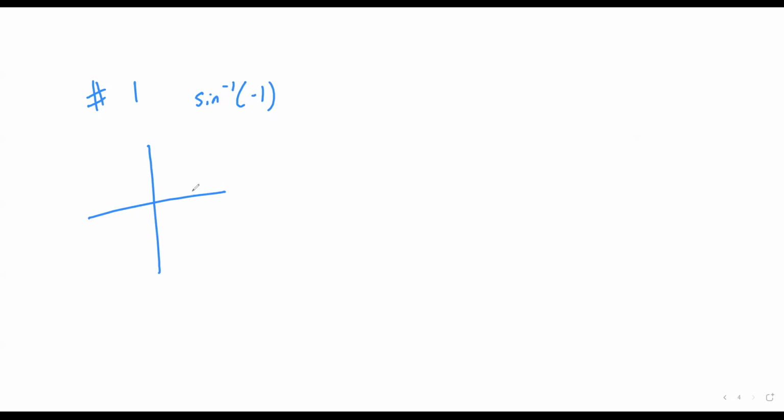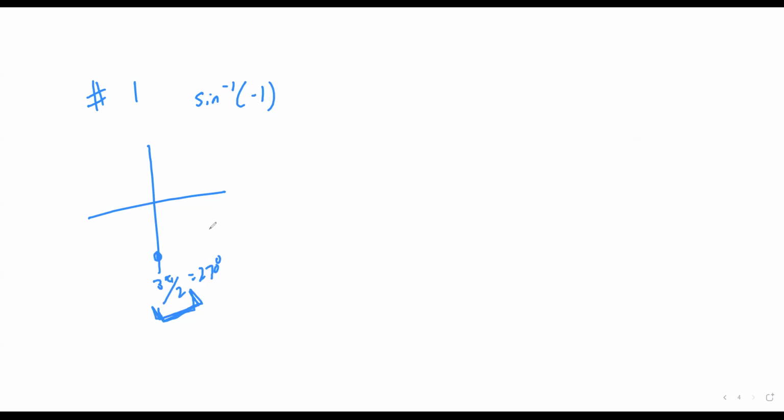And when you do that, hopefully you're yelling two things. You're yelling, hey, it's going to be right here at 3 pi halves, or you're saying at 270 degrees, right? For sake of doing most of this work, you're going to do the radian answer only, unless it says degree.